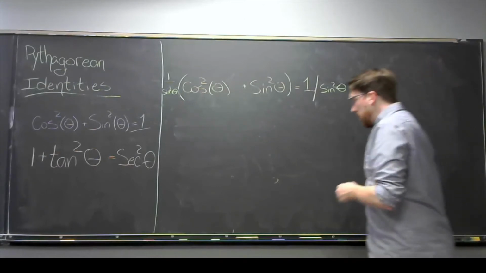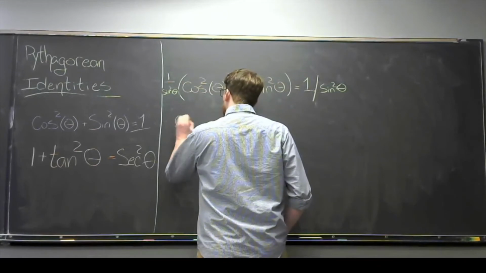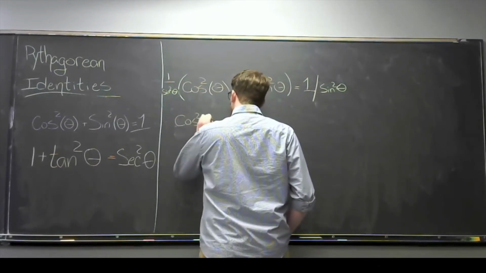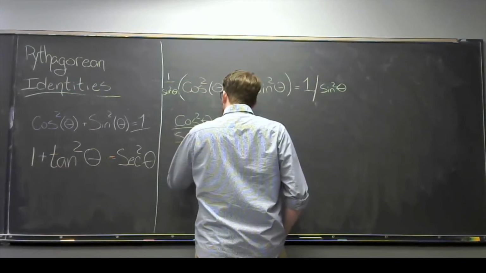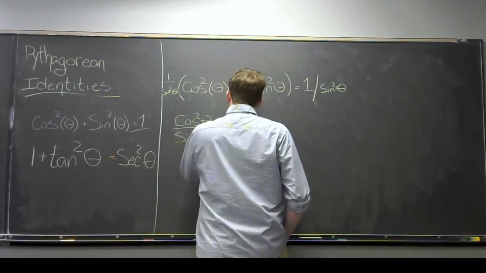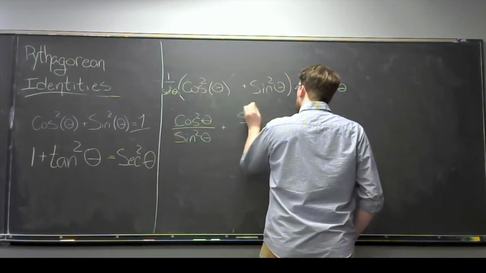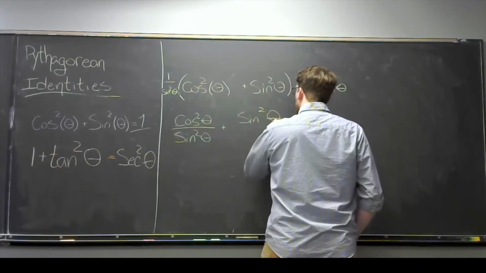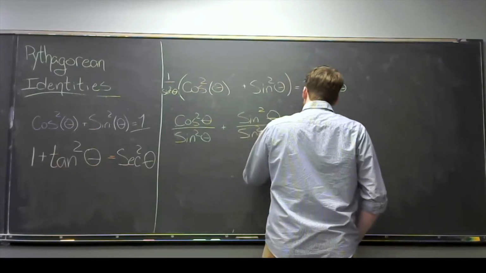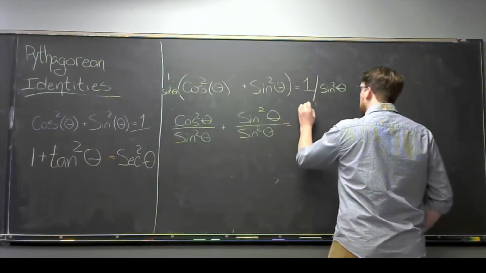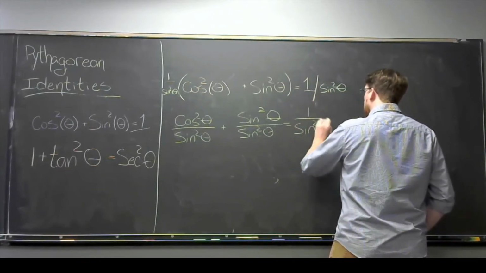And together we're going to find that this comes out to be cosine squared theta over sine squared theta plus sine squared theta over sine squared theta. And all of this is equal to 1 over sine squared theta.